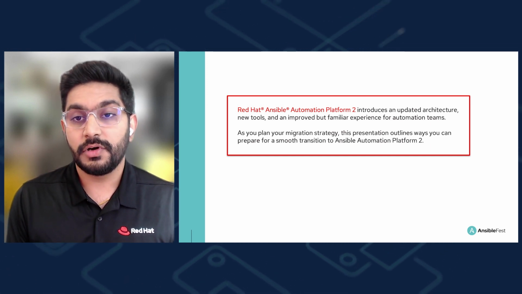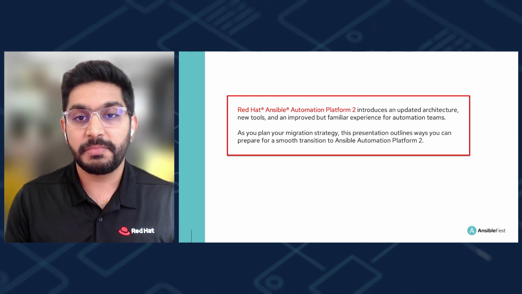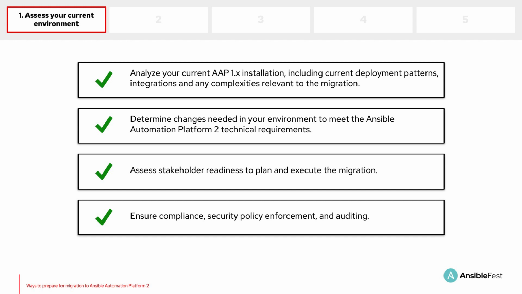As you plan your migration to Ansible Automation Platform 2, the next slides provide ways you can prepare for a smoother transition. So wave 1, firstly, you need to assess your current environment. Understand and analyze your current Ansible Automation Platform 1 or Ansible Tower 3.8 installation, including current deployment patterns, integrations, and other complexities relevant to migration.